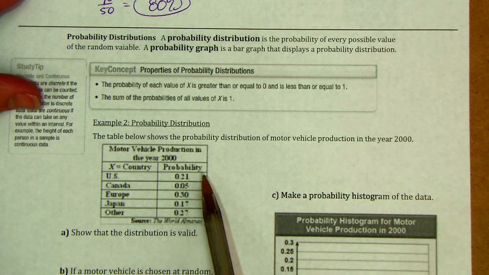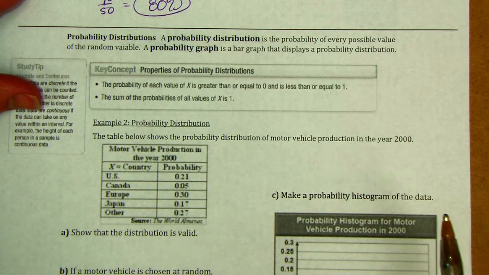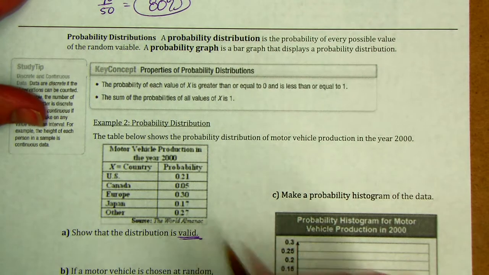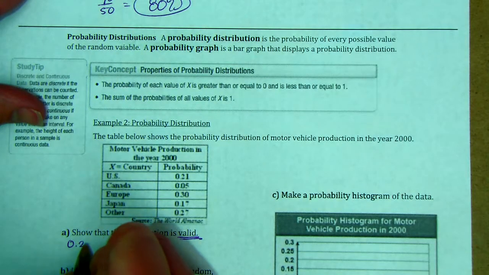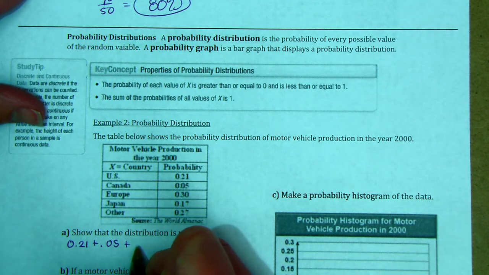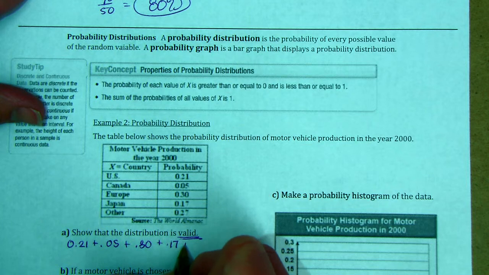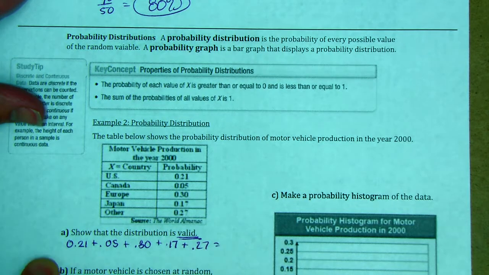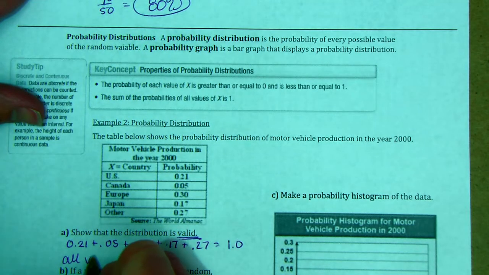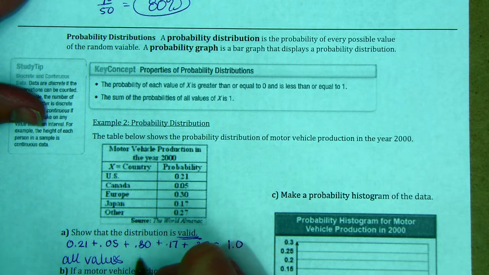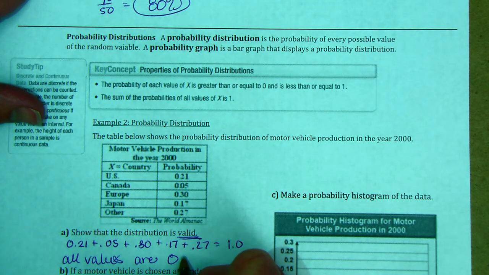So when they ask you to show that the distribution is valid, what you're going to show is that when you add them up, so 0.21 plus 0.05 plus 0.30 plus 0.17 plus 0.27, that they add up to 1.0, and then that all values are greater than or equal to 0 and less than or equal to 1.